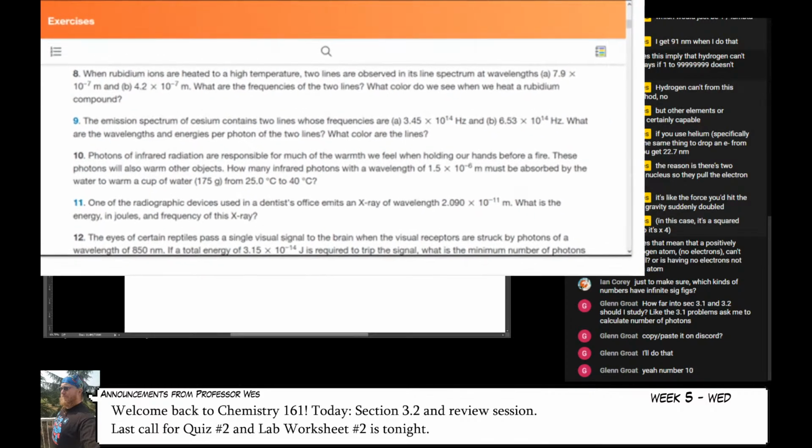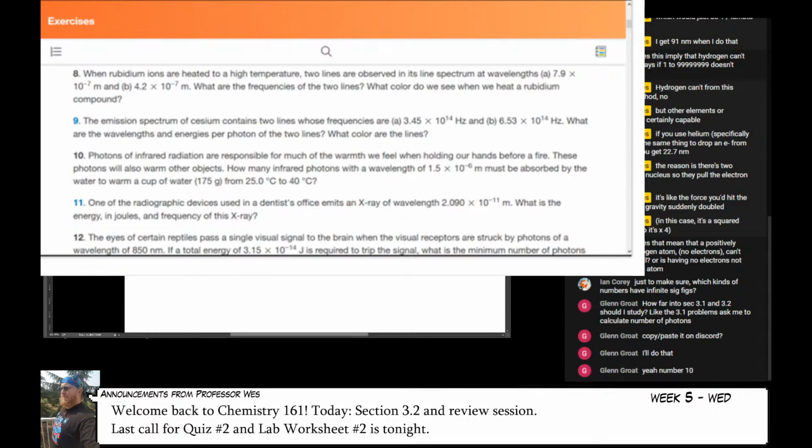So here's the question that was asked here. Photons of infrared radiation are responsible for much of the warmth we feel when holding our hands before a fire. These photons also warm other objects. How many infrared photons with a wavelength of 1.5 times 10 to the minus 6 meters must be absorbed by water to warm a cup of water from 25 degrees Celsius to 40 degrees Celsius? So this is actually a really simple problem.